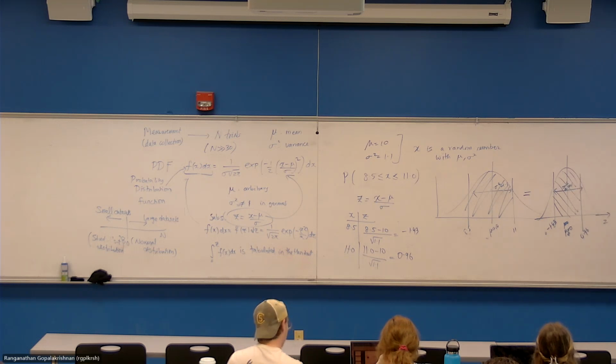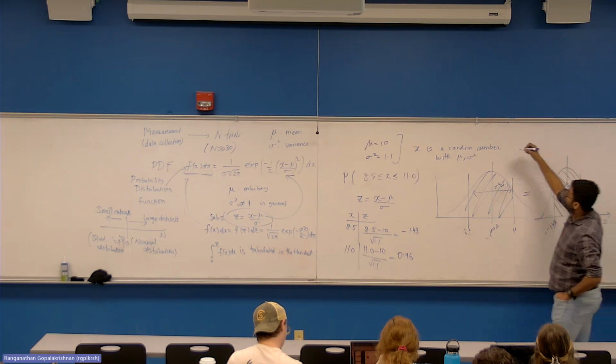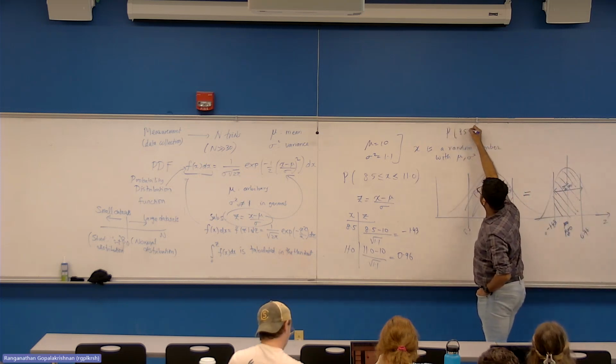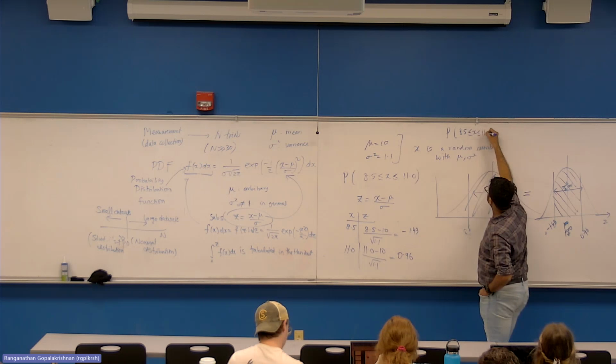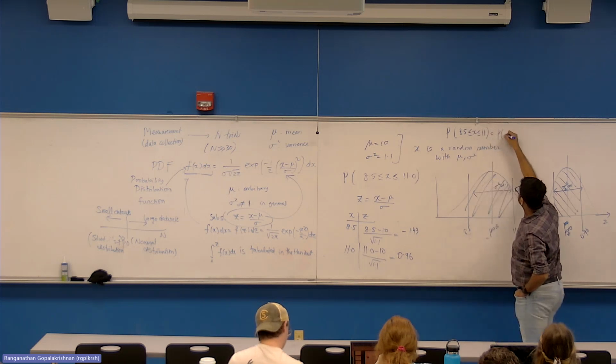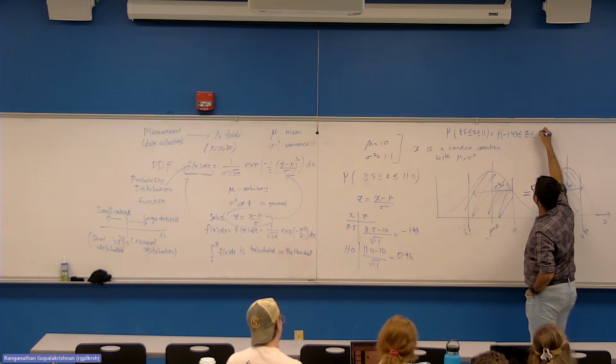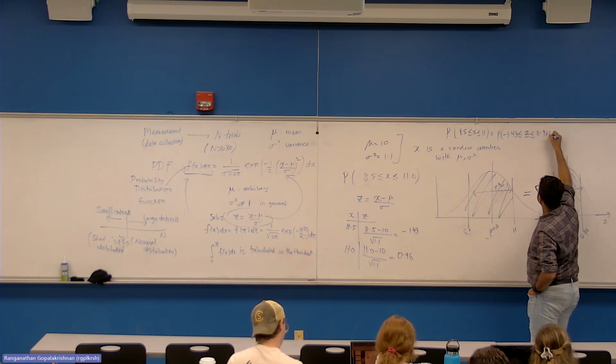So I write the probability of 8.5 less than x less than 11 is the same as the probability of minus 1.43 less than z less than 0.96.